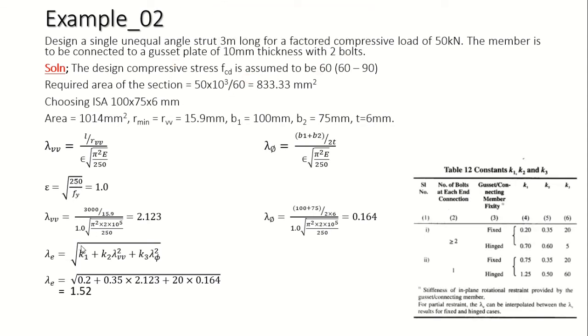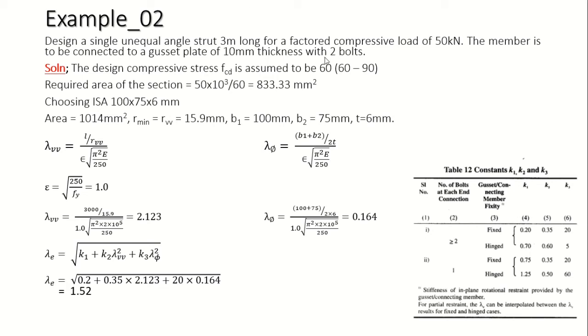We'll start with the design here, and the design compressive strength has to be assumed in this case, because we are coming across the equivalent slenderness ratio in the case of single angle struts. What we'll do is go with a trial fcd value.